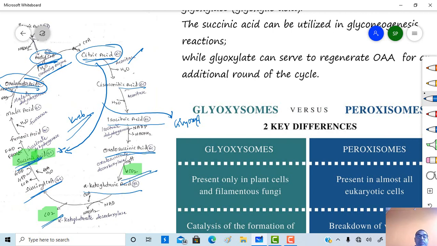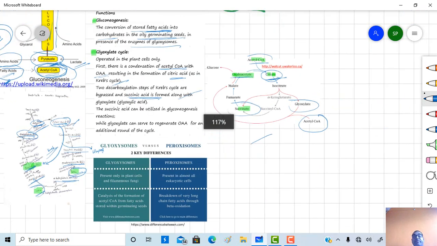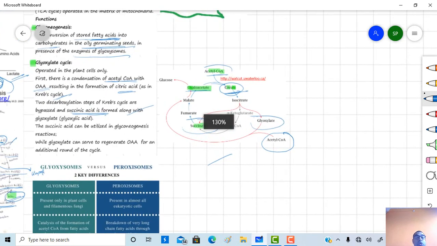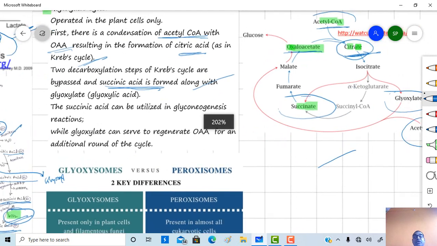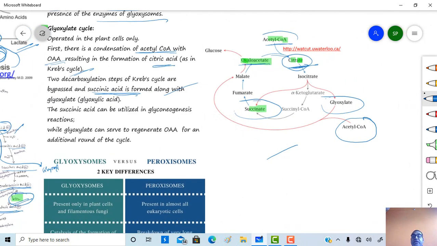When oxalosuccinic acid produces alpha ketoglutaric acid, there is a decarboxylation. Also there is a decarboxylation when the alpha ketoglutaric acid converts into the succinyl coenzyme A. So two decarboxylation steps of the Krebs cycle are bypassed and succinic acid is produced along with the glyoxylic acid.